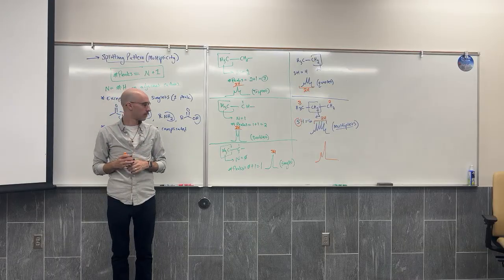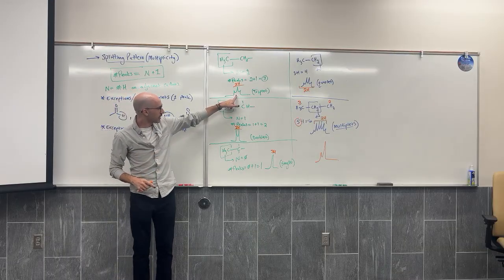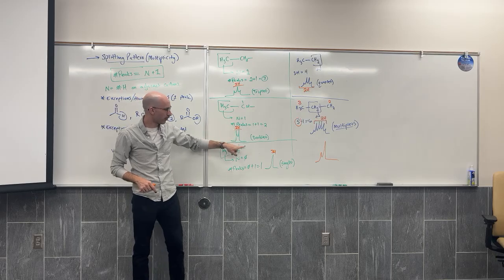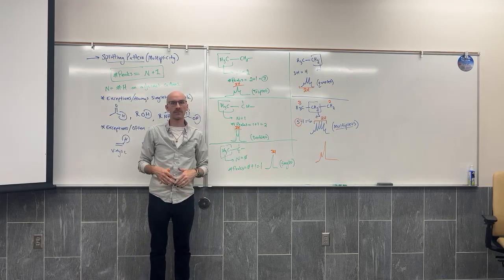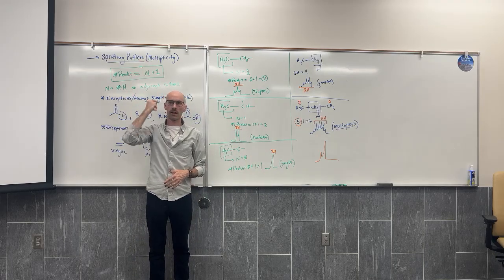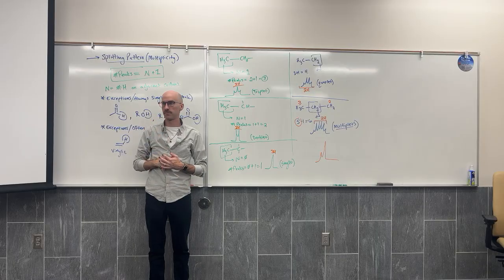Here's a question. Which of these 3H signals would you expect to be the tallest on an NMR spectrum? I think it's the bottom one, the singlet. Why? It's the skinniest. Yes.